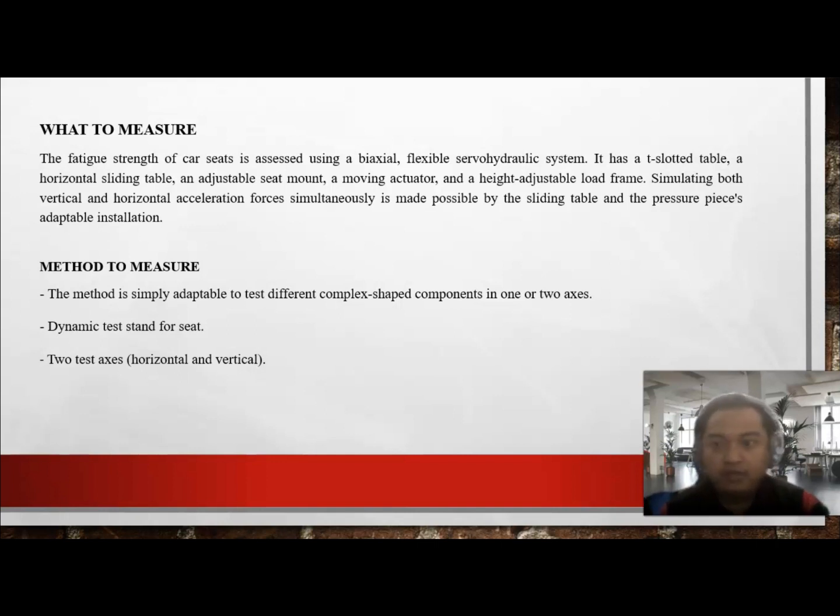Simulating both vertical and horizontal acceleration force simultaneously is made possible by the sliding table and the pressure piece adaptable installation. For the method to measure, the method is simply adaptable to test different complex shape components in one or two axes, as dynamic test stand for seat and two test axes, horizontal and vertical.